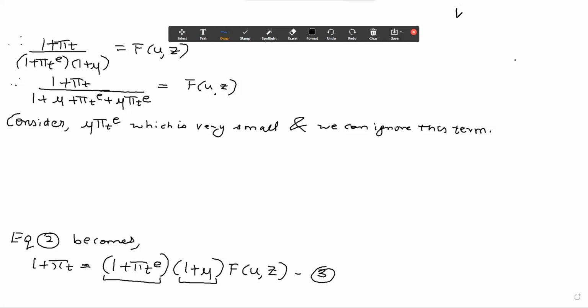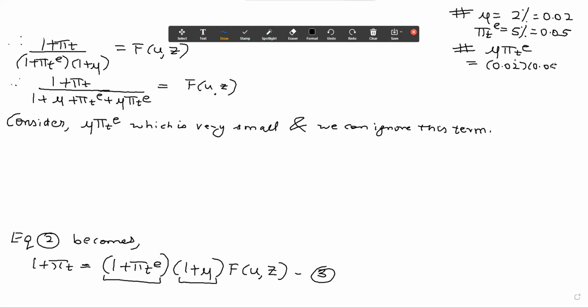For example, suppose my mu is 2%, which is 0.02, and my expected inflation is 5%, which is 0.05. Then what will mu into pi te be? 0.02 into 0.05, which is 0.001, which is very small and you can ignore it.